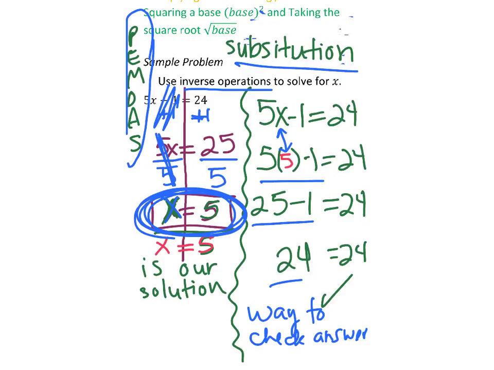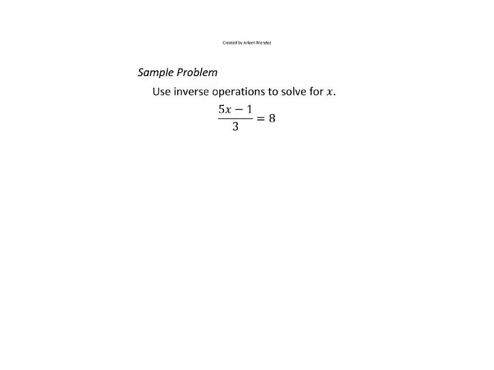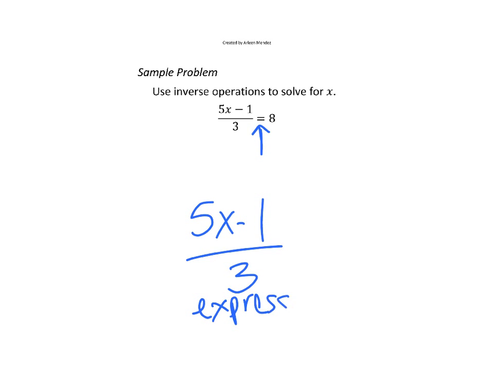Okay, let's look at the next problem. This problem is very similar. It just has one extra step. So I didn't mention this earlier, but I'll mention it now. What makes this an equation is the fact that it has an equal sign, right? If it was just something like this with no equal sign, then it would just be an expression, right?